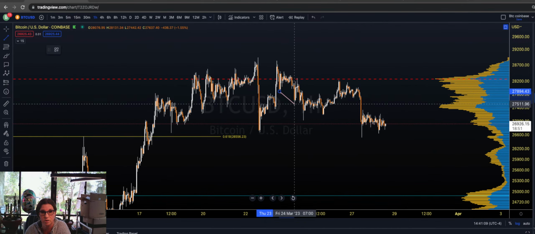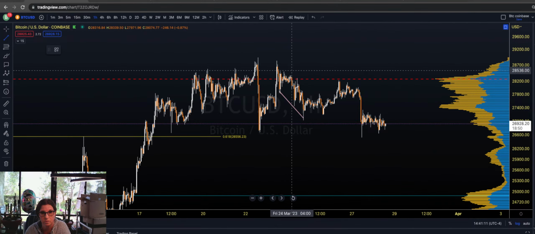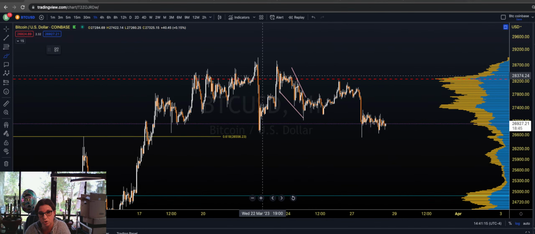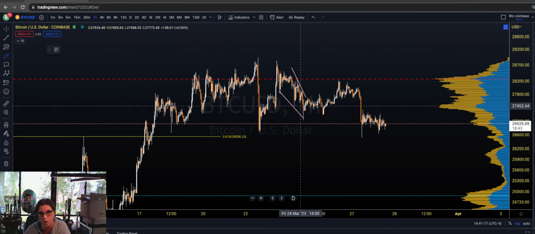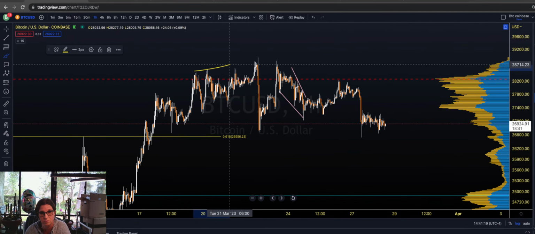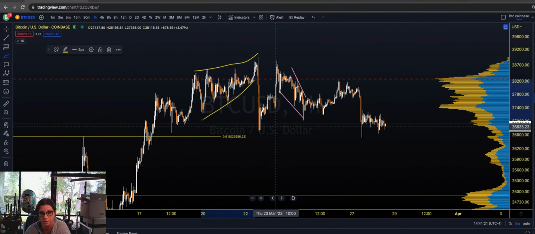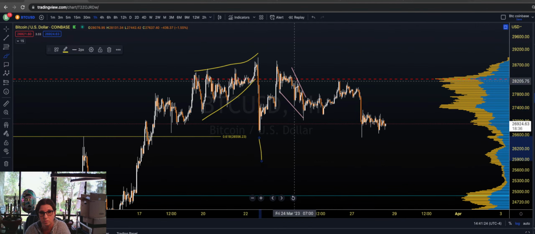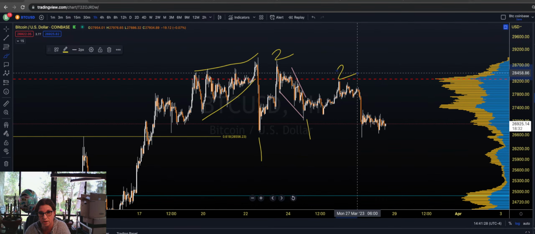The bearish option is that it's created a nest. You could start it from here if you wanted to, but the better place is to say that this was an ending diagonal here, and that this is a 1, 2, 1, 2. And it's created a nest. And up here is a 1, 2, 1, 2.